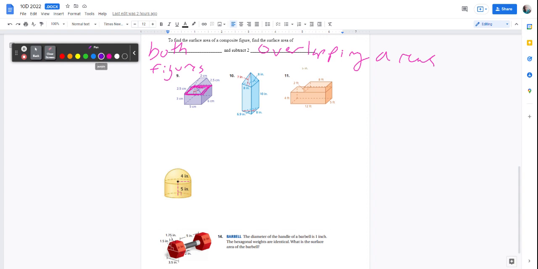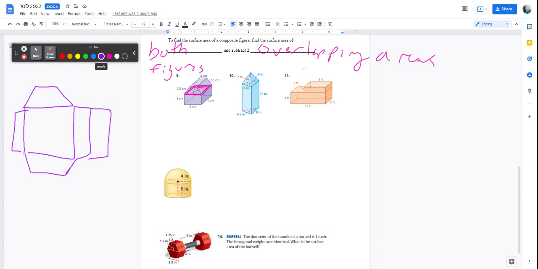All right, so let's start with the trapezoidal prism right here. We could net this out if we want to. So we have 2, 2, and each of these sides is 2.5.